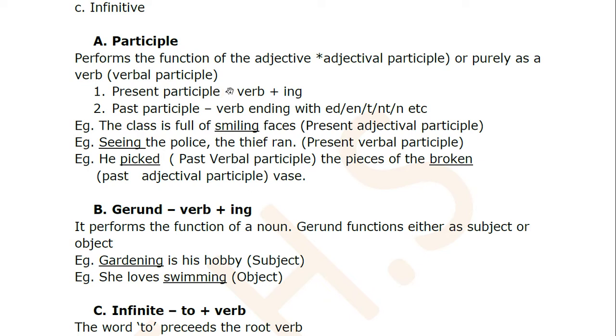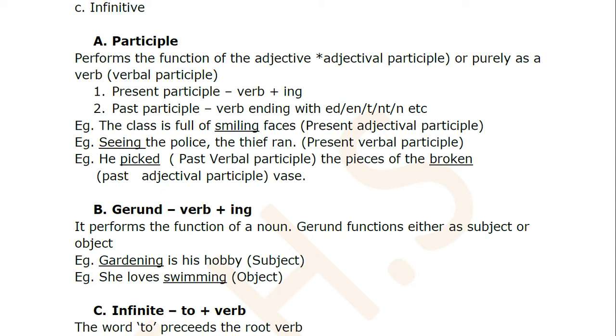How do you understand present participle? You will have the verb plus ing, like do plus doing, say plus saying. And you will have past participle, when the ending of the verb will be with either ed or en or just t or nt or n, etc. Where you have it, this will indicate your past participle.